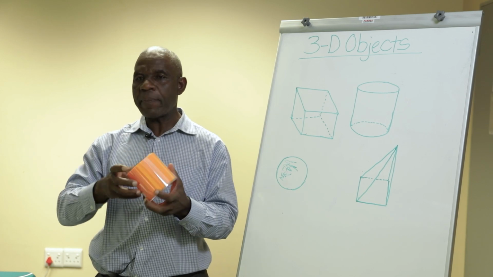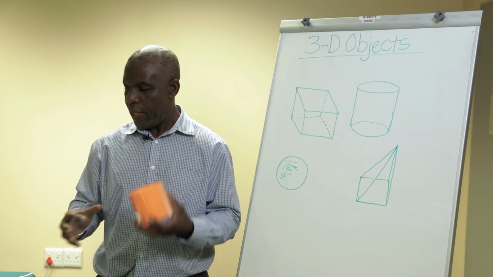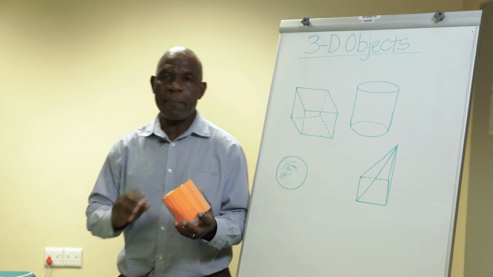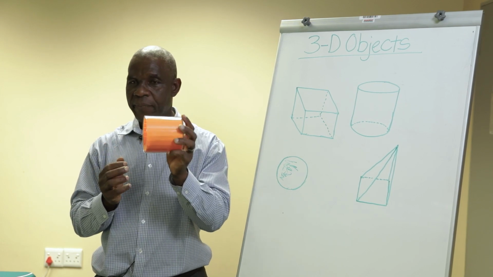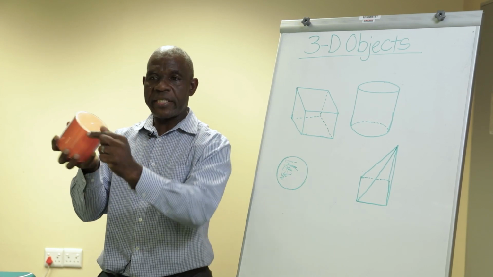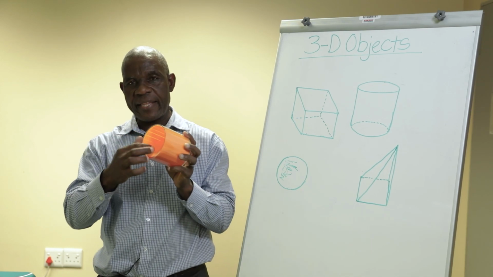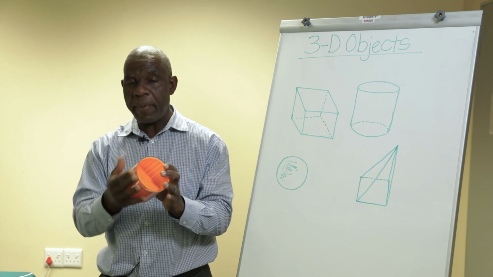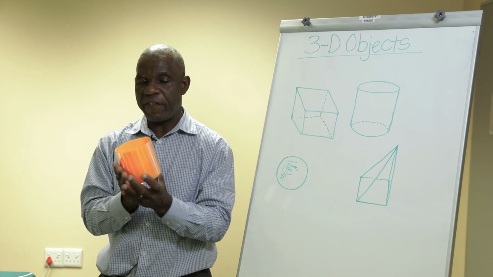Then the tricky part becomes when you look at this curved face. Now, the most important thing about manipulatives is that if you have a 3D object like this, learners will be able to identify that this is a circle, but they'll have problems with this curved face.